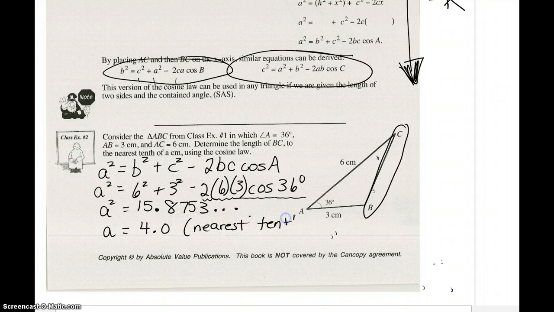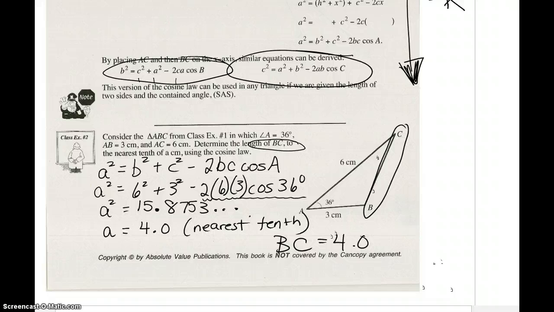All right, so we've got that. So BC, which is what we were asked for right up here at the beginning, what is the length of BC? And we can do that using a very simple formula, and that is the cosine law.